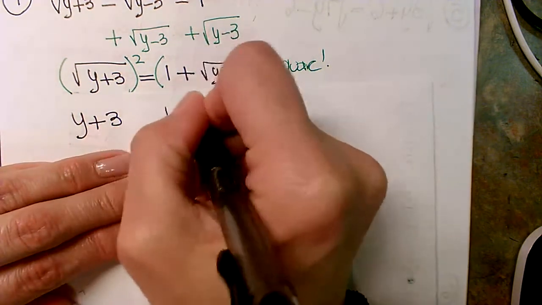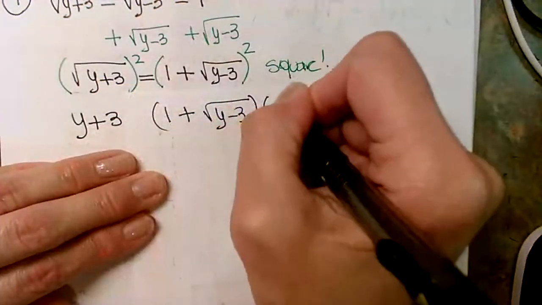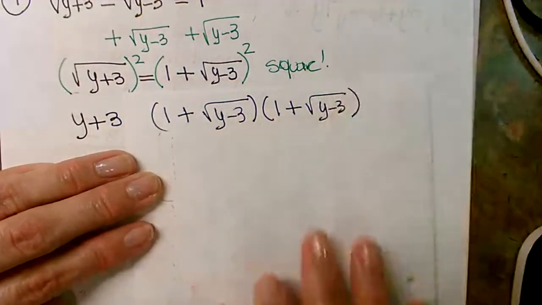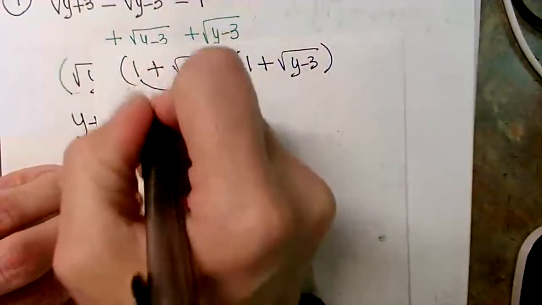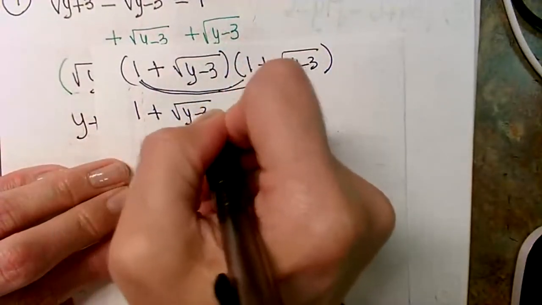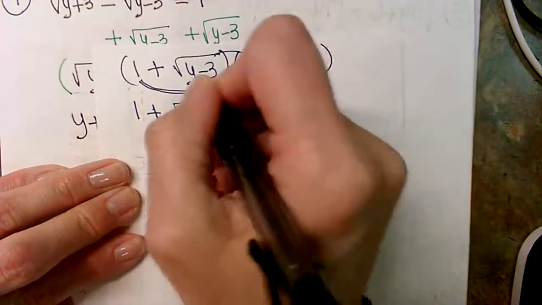So we have 1 plus the square root of y minus 3 times 1 plus the square root of y minus 3, right? So let's distribute this. 1 times 1 plus the square root of y minus 3 plus the square root of y minus 3.